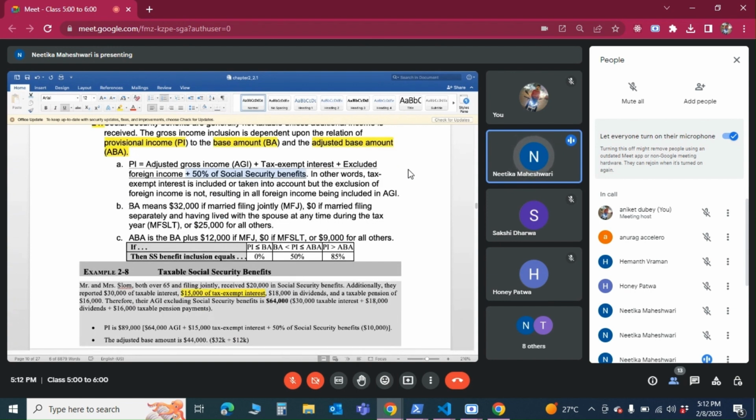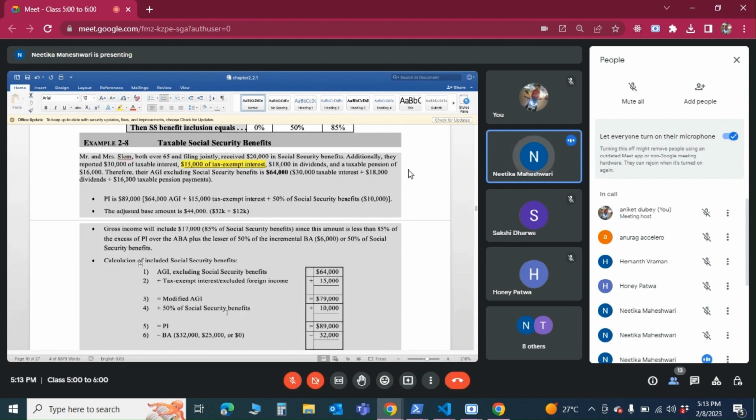Then the base amount is something IRS has given in their report: you take 32,000 if it's married filing jointly, and there's now no relief given if you do married filing separately, and 25,000 for other categories. Then we have to take the adjusted base amount. So ABA is the base amount plus 12,000 if married filing jointly, or plus 9,000 for the 25,000 category.